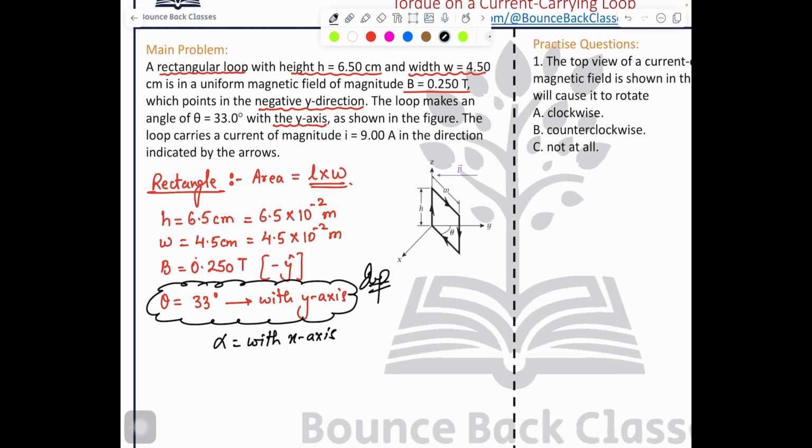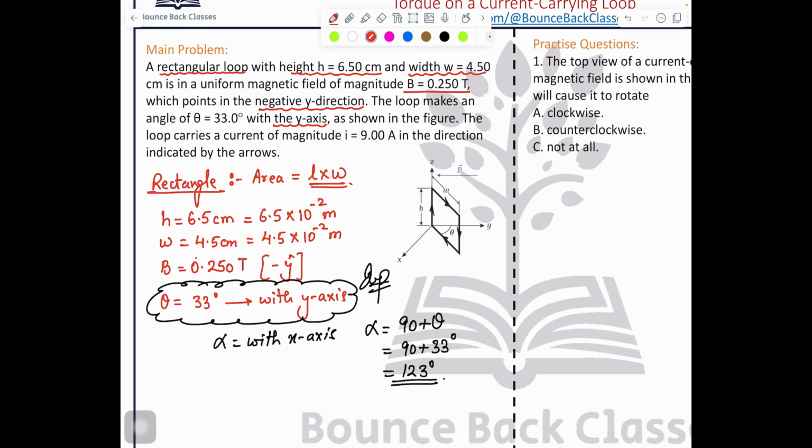In that case, alpha is equal to 90 plus theta, which becomes 90 plus 33, equal to 123 degrees. Whenever you see an angle, you need to check where it is given, because if you see the angle is 33 and just solve it, it will be wrong.